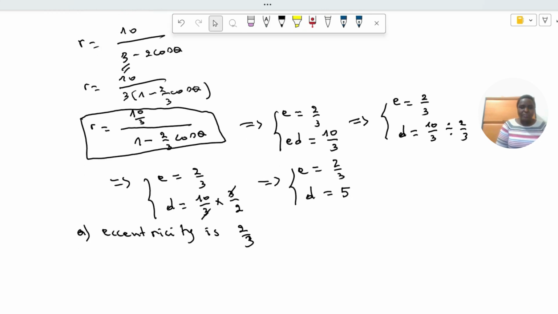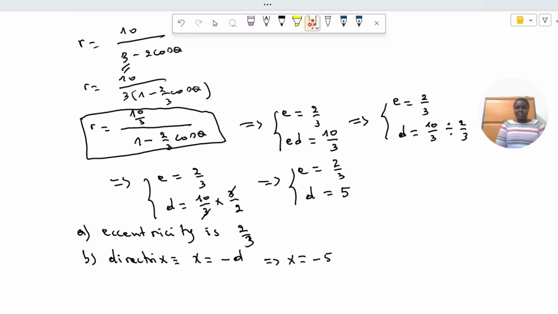So since we have D, then B, the directrix will have equation x equal to minus D, because in our polar form we have a minus sign here. So it will have equation x equal minus D, which means x equal to minus 5, because D is equal to 5 here.